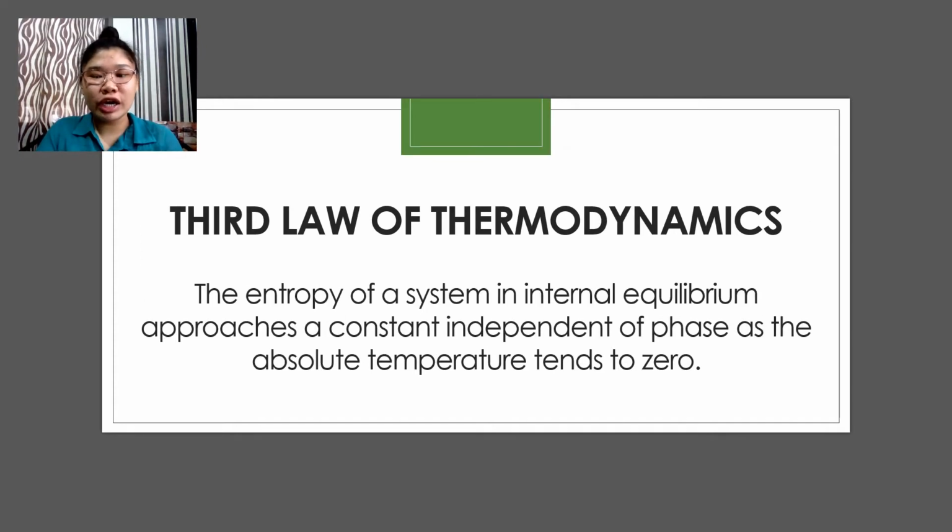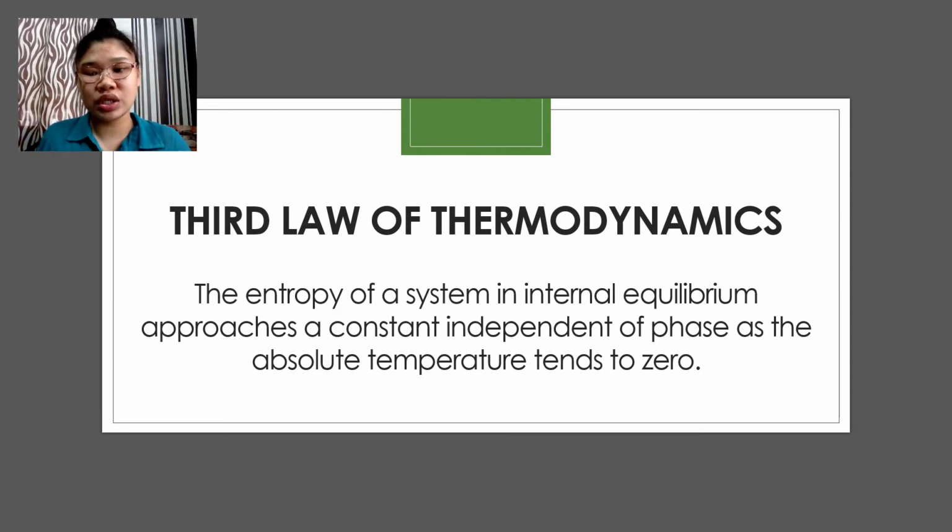Before we proceed to the formula part of this video, we will be stating the third law of thermodynamics. According to the third law of thermodynamics, the entropy of a system in internal equilibrium approaches a constant independent of phase as the absolute temperature tends to zero.